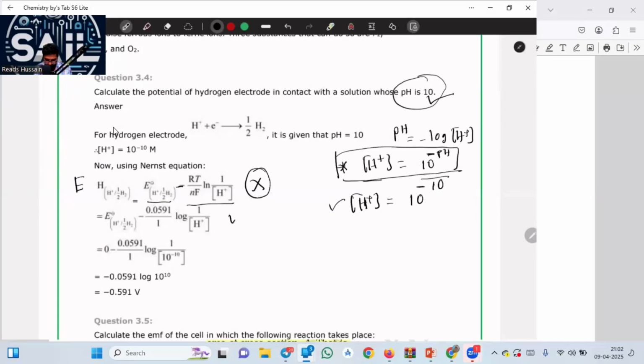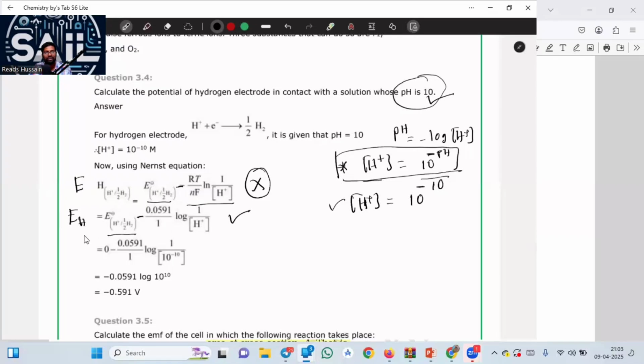You directly apply the second one: electrode potential of hydrogen is equal to standard electrode potential of hydrogen minus 0.059. Can you see this? Minus 0.059 by 1 log 1 by H plus ion concentration. This is the Nernst equation that we discussed in the last class, so this is for the hydrogen electrode.